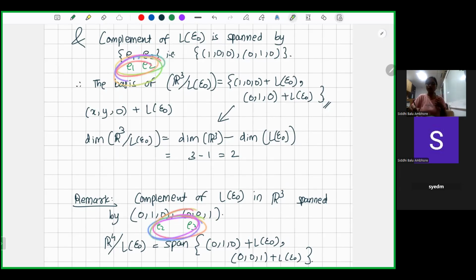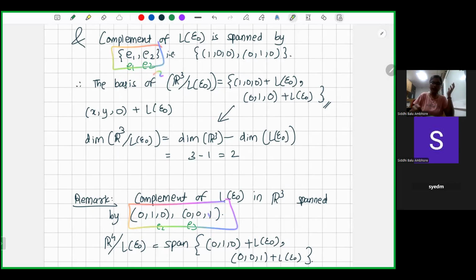But in the quotient space R3 quotiented by L epsilon naught, these two sets actually generate the same subspace. What I'm emphasizing is that the span of E1, E2 and the span of E2, E3 are different in R3, but in the quotient space, the corresponding cosets generate the same space.